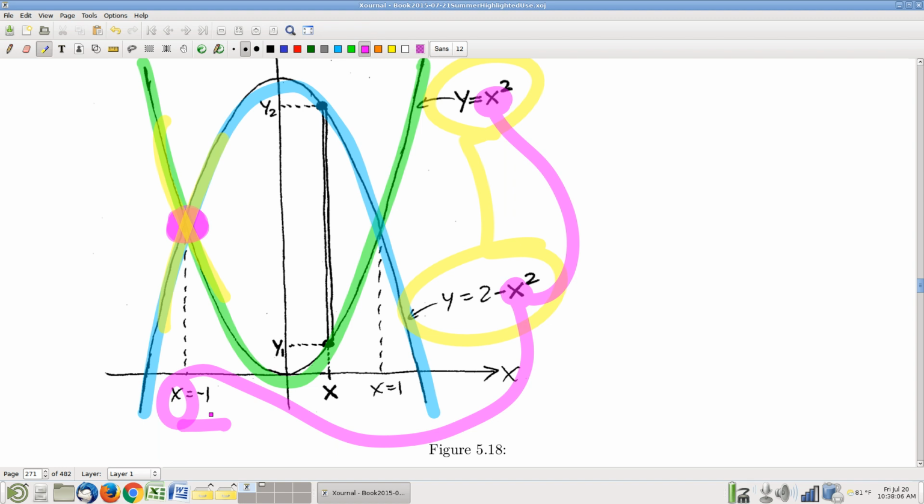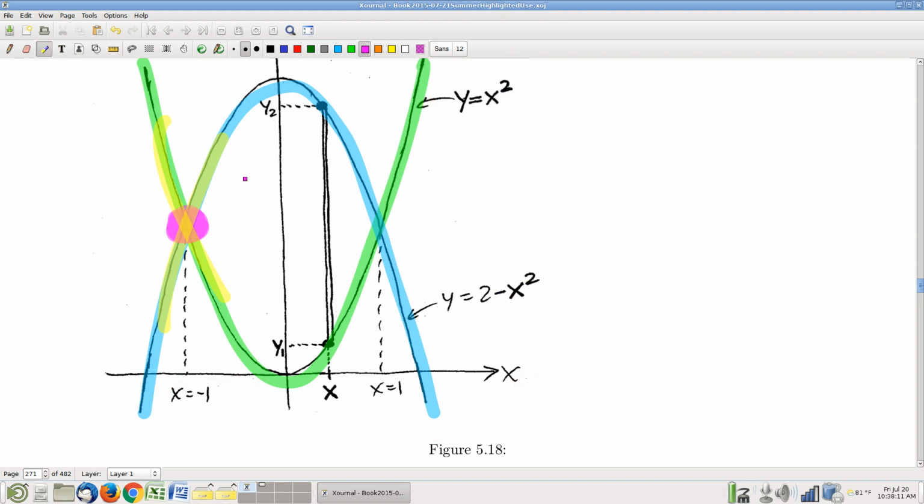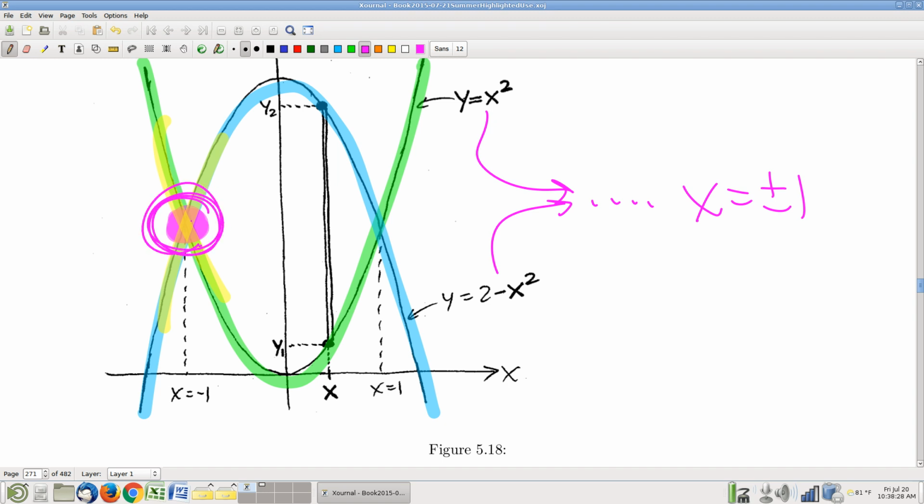Don't put them both, right? When you get x equals + or -1 in this algebra, you've got to look. So, hang on. Purple. This and that give you x equals + or -1. You've then got to decide which one is the one I clearly want. Well, this point is clearly where x is negative.